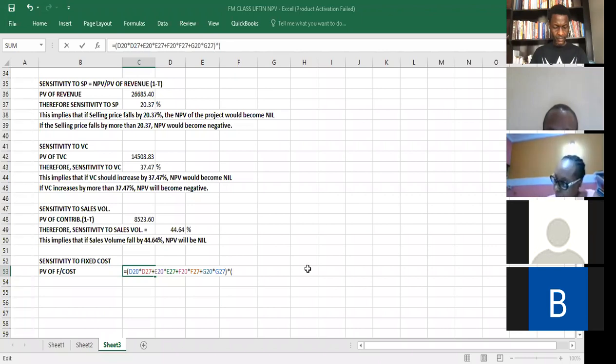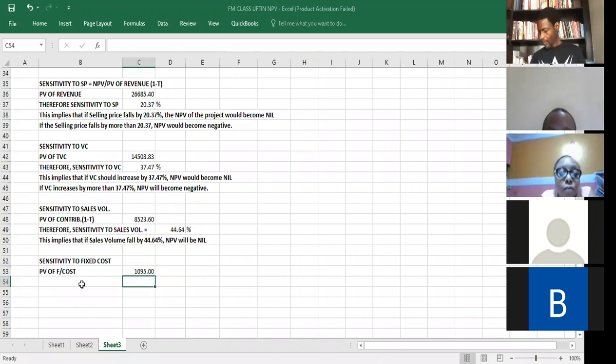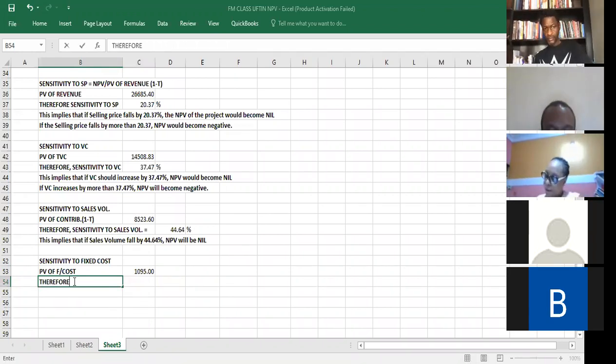Okay. It's showing 1095, if any other person is calculating. Okay, so therefore our sensitivity to fixed cost will be NPV again.